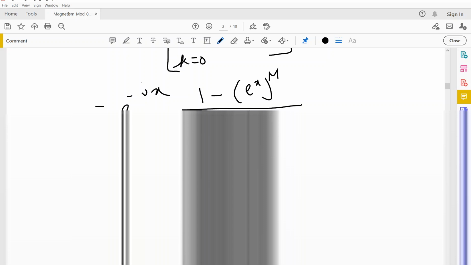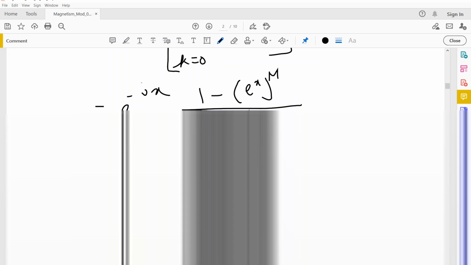You remember the partition function that we defined: we are summing over all the mj states, and the Boltzmann factor is e to the power mj times x, right? And we know what x is. x was a factor that we defined to simplify our calculation.